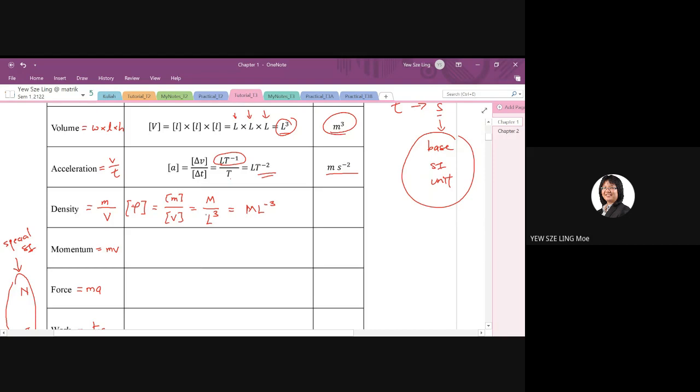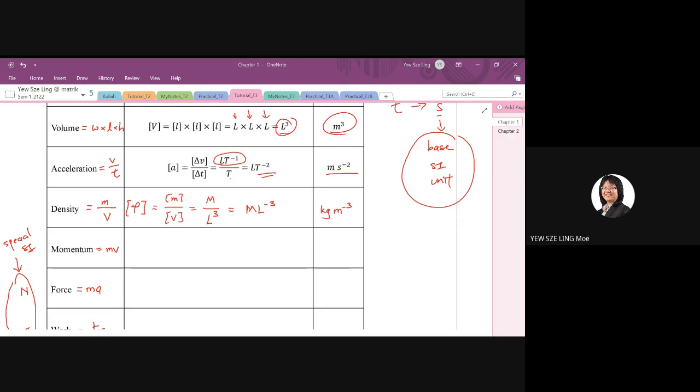From a fraction, the denominator you move up, so it becomes negative 3. M in terms of kg, L is meter. So kg m^-3. That is the answer for density. Okay, first question.